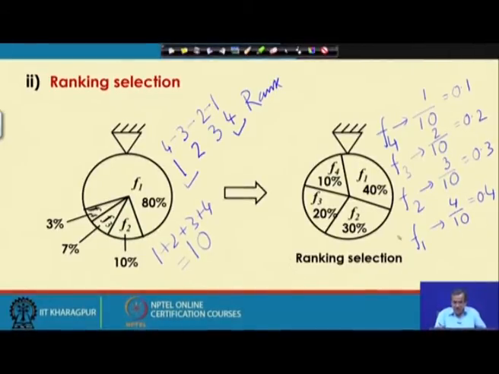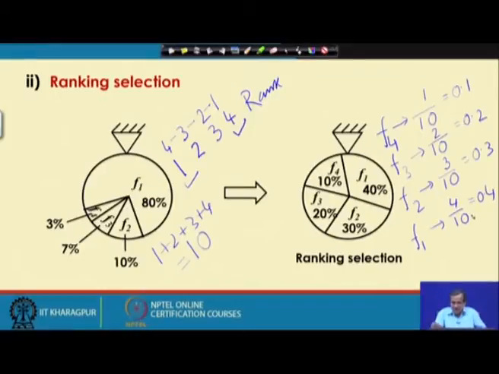So, in ranking selection, the chance of premature convergence will be less, whereas in proportionate selection, that is the Roulette-Wheel selection, the chance of premature convergence will be more. So, this is the advantage of ranking selection.